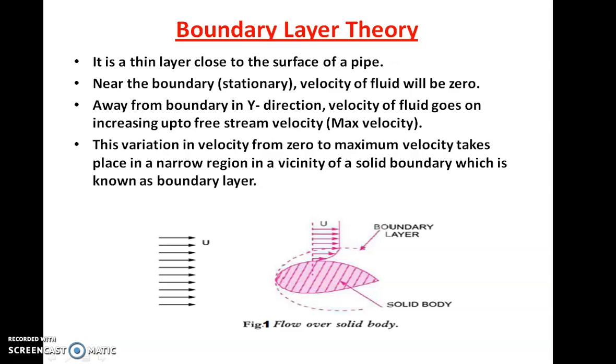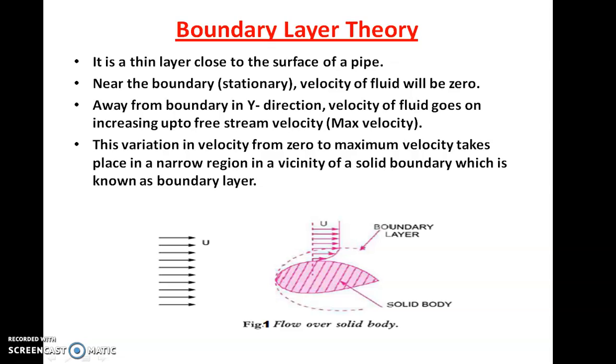Now, as you move along the y direction, you will see that the velocity goes on increasing in y direction. This is because of Newton's law of viscosity, which we have already studied in the first unit.